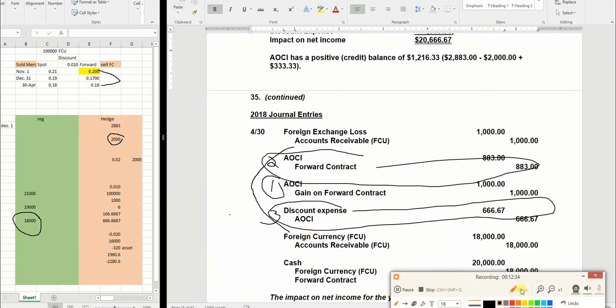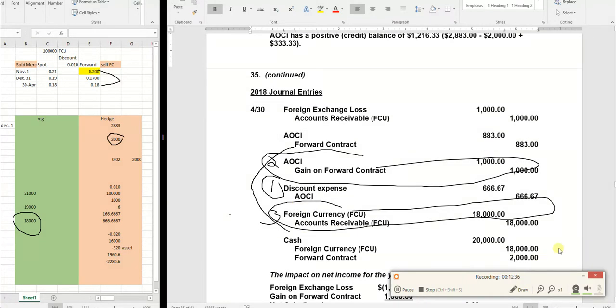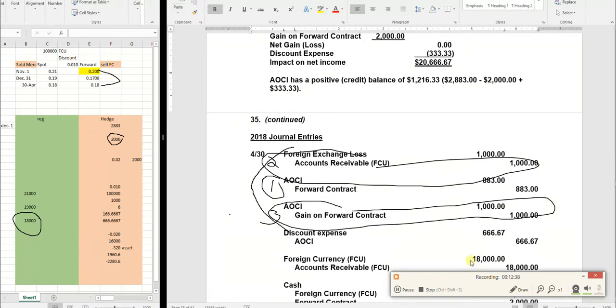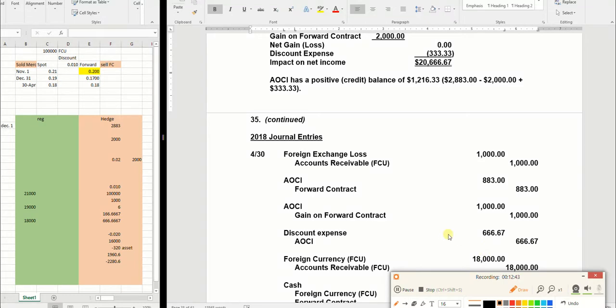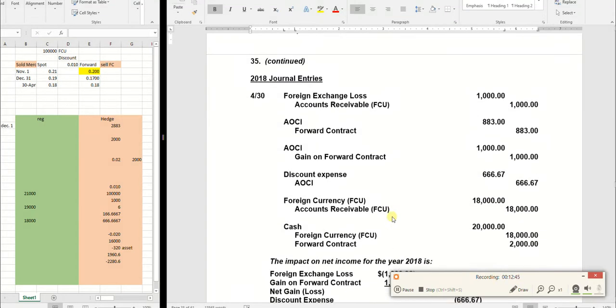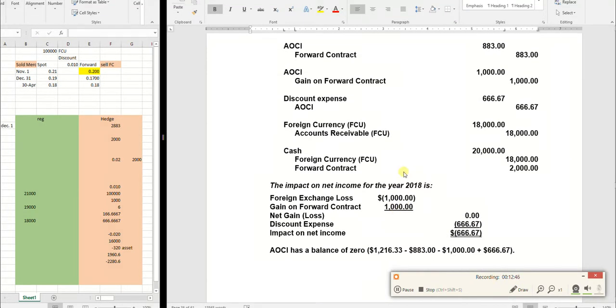Now I have to settle the thing. Okay, I don't really want to lose those, but I'm going to have to. Okay, so to settle it, I'm selling foreign currency. So before I sell the foreign currency, I have to get the foreign currency. So the first thing I'm going to do is get the accounts receivable off my books.